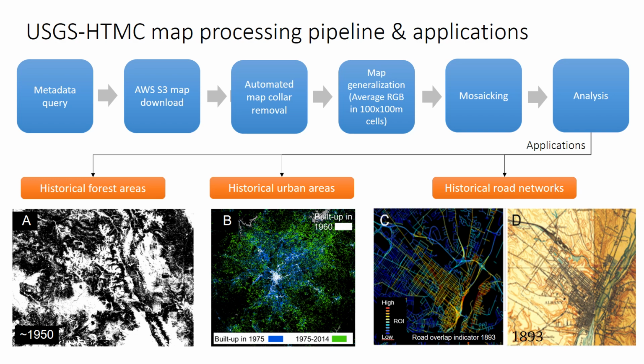We've worked with historical urban areas where we combine remote sensing derived data, the Global Human Settlement Layer, with color information from historical maps to backdate urban areas. And we're working with historical road networks where we try to use historical maps to get an age estimate for each contemporarily existing road network segment, what you can see here. But for the sake of time, I'll just focus on historical forest areas in this talk.